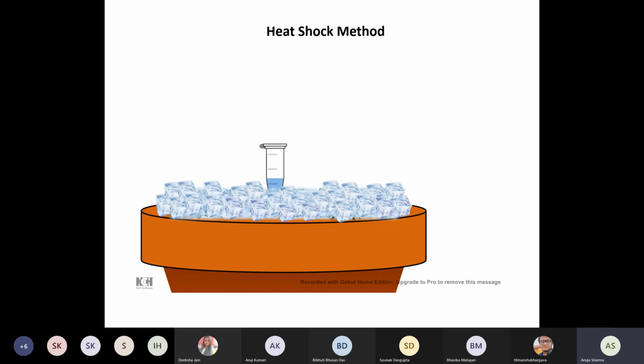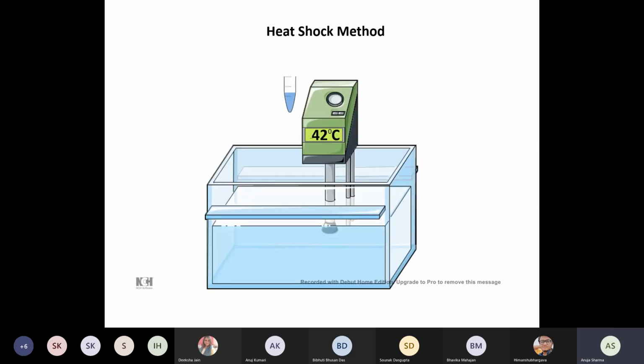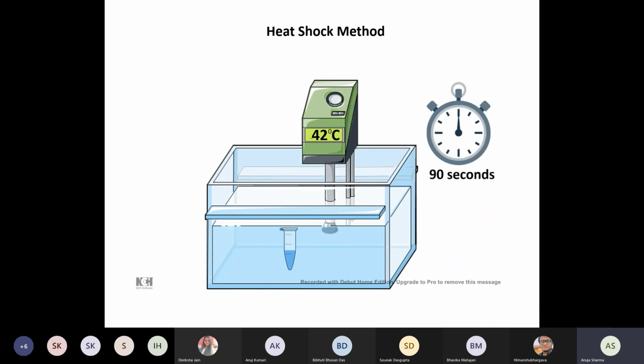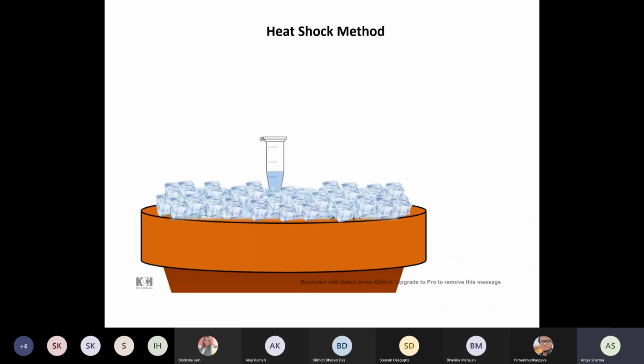Now, after that, we incubate the plasmid and the competent cell mixture on ice for several minutes. Once it is chilled, we quickly put it into a water bath at 42 degrees centigrade and keep it strictly for 90 seconds. Then we take it out and put it back into the ice.